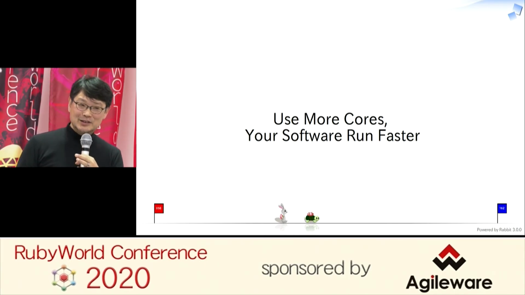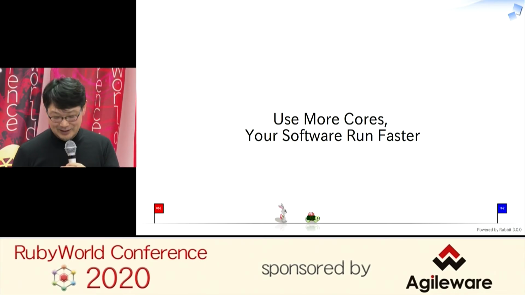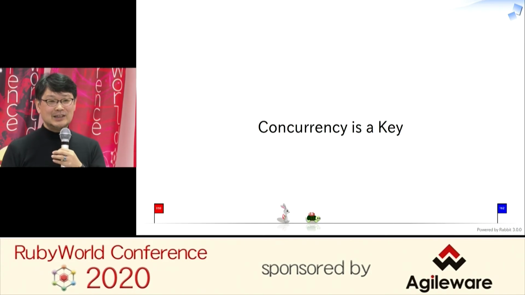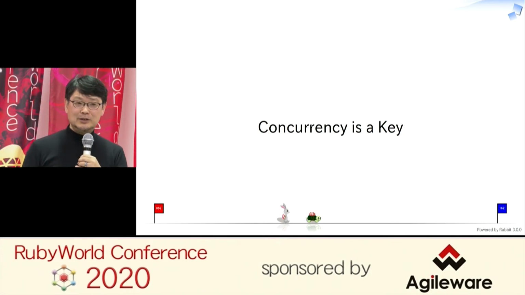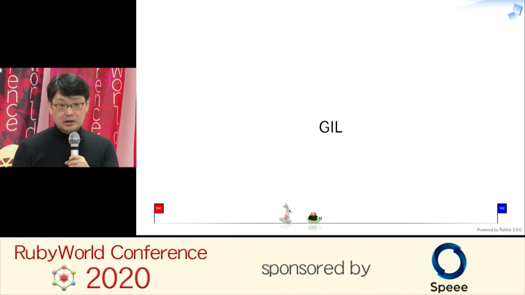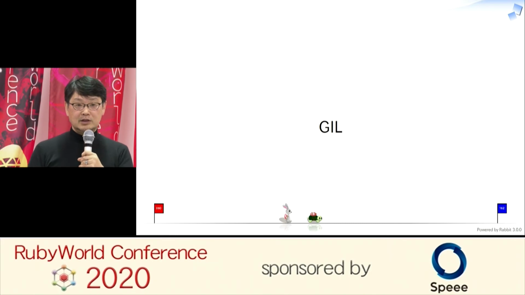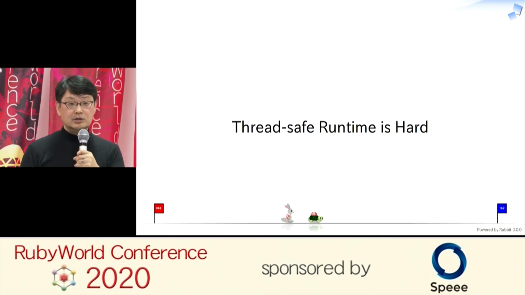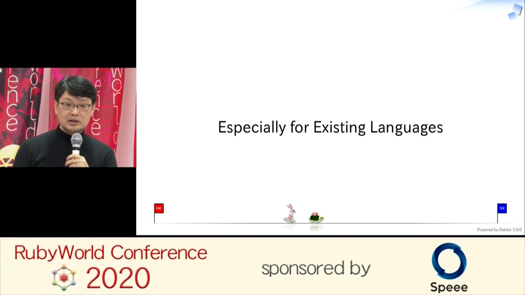The performance of each core itself does not change so much, so we have to improve our software. That is where concurrency becomes the keyword. However, Ruby at present, for security reasons, has a global interpreter lock.